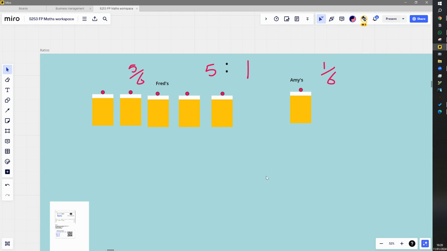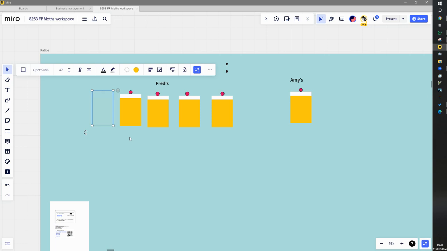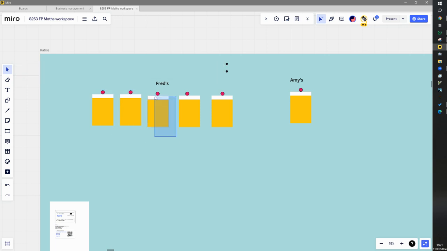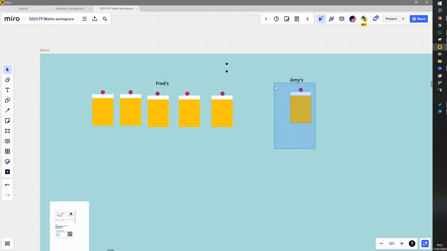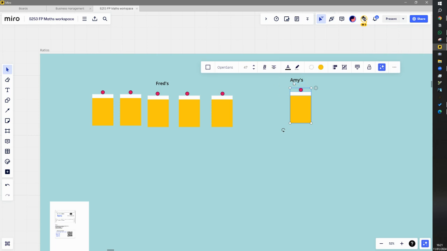And another thing they can do, and this is probably the first thing that we'll do with ratios, is to simplify ratios. So if we keep it in these kind of parts, what I'm going to do is group some of these together, so they'll move around and they won't fall to pieces when I move them.